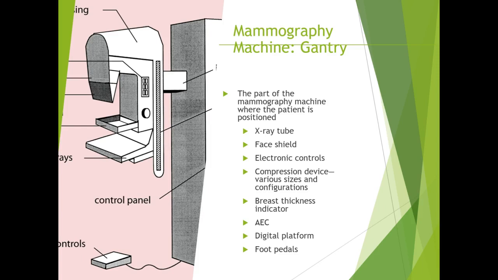It's going to consist of its main components, which would be the X-ray tube, a face shield to help keep the patient's head or facial structures from shadowing the breast, the electronic controls that you see on the side there to move the C-arm, the compression device, which comes in various sizes and shapes, the breast thickness indicator, the automatic exposure control, and then the digital platform, which is your digital plate, and your foot pedals.